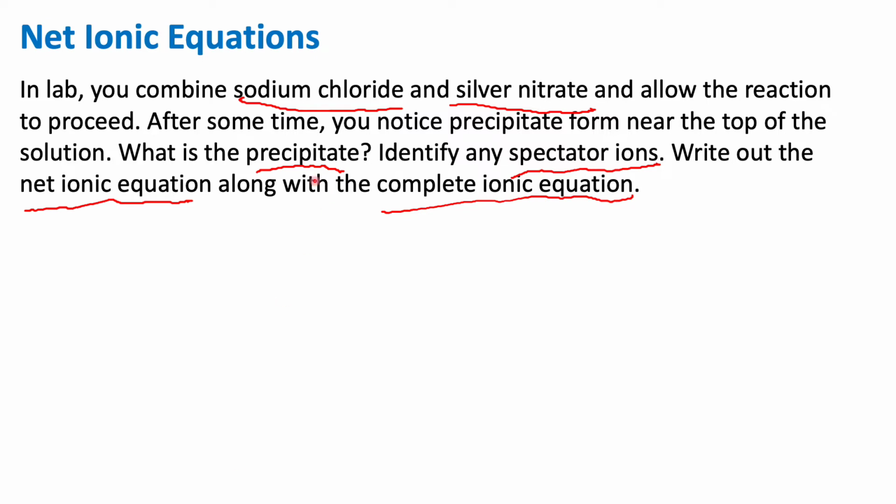Now, the first thing I want you guys to do whenever you see a net ionic equation is to remember that whenever we talk about net ionic equations, it involves some sort of a double displacement reaction. Remember that a double displacement reaction looks something like this. So we have AB plus CD, and then we get the products where the cations and anions switch, and we end up with AD plus CB.